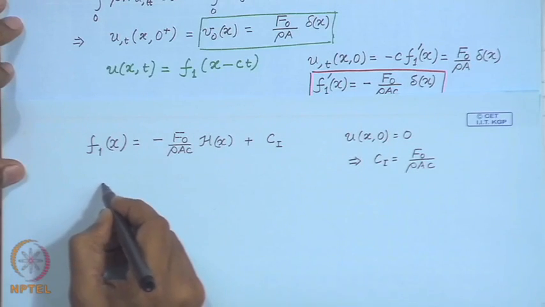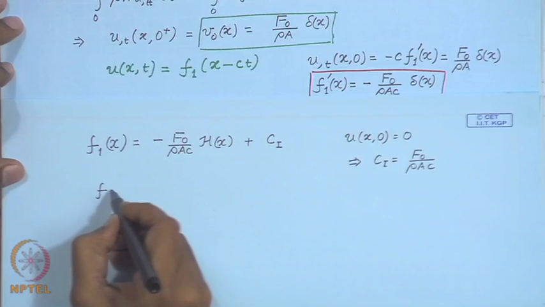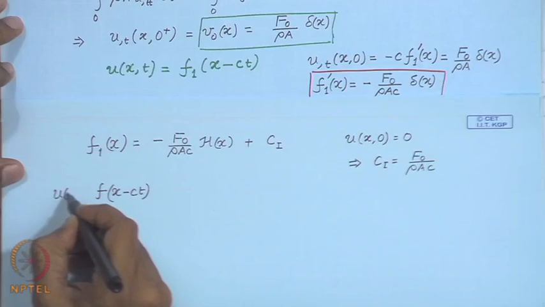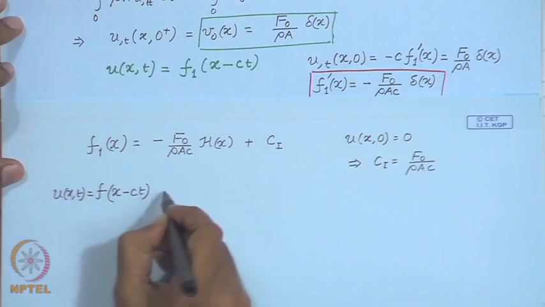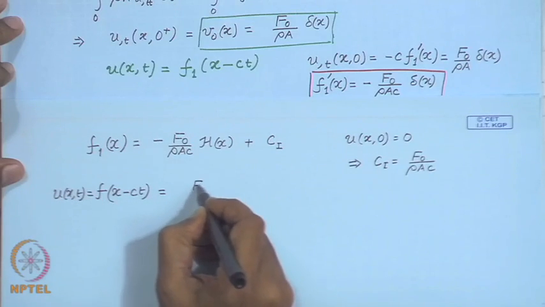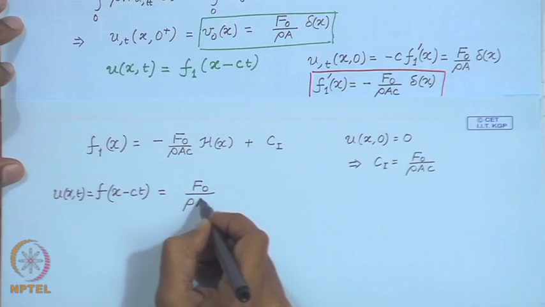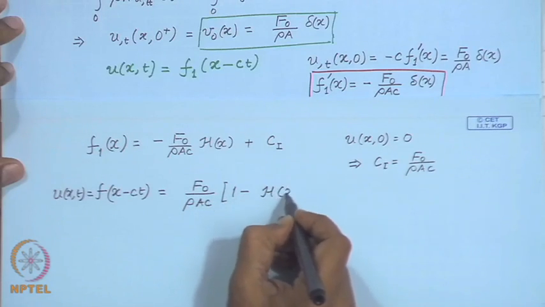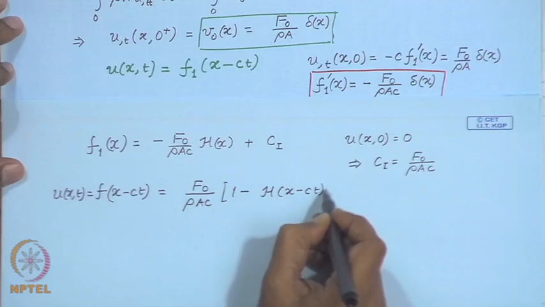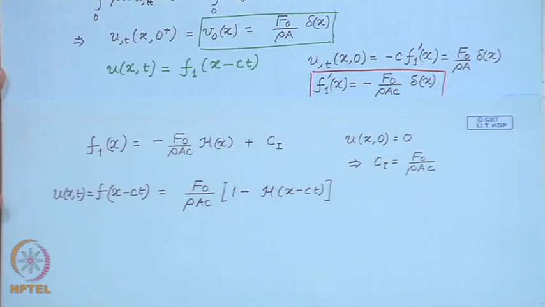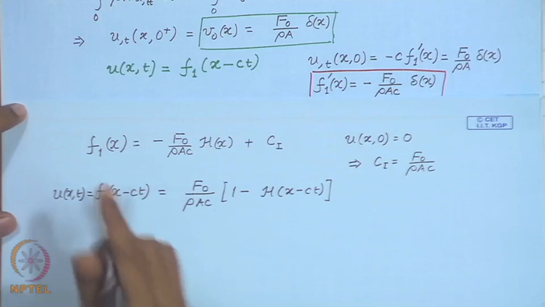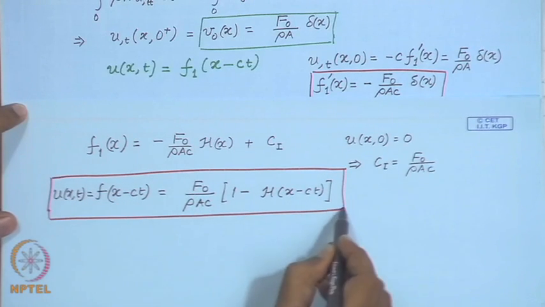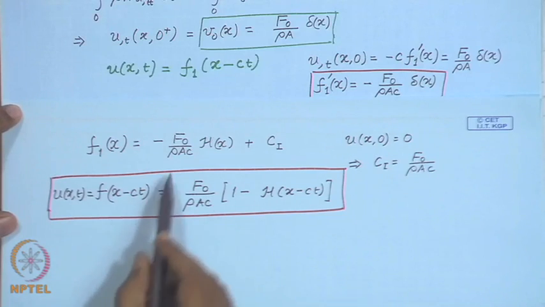Therefore, f 1 of x minus c t, which is u(x,t), becomes this.